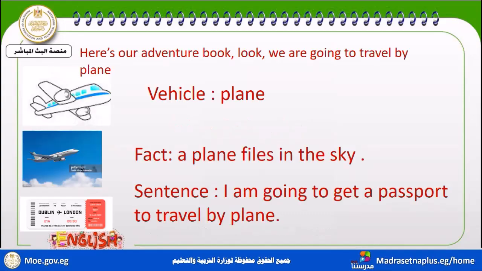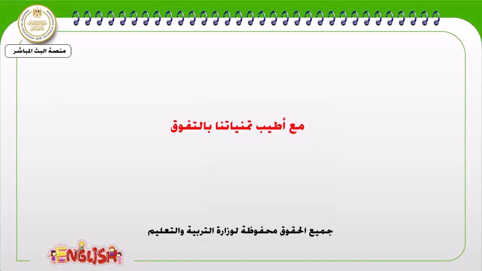Can we think of another vehicle? Yes, it's a bus. So we can travel by bus, and I am going to take the bus from Cairo to Alex.